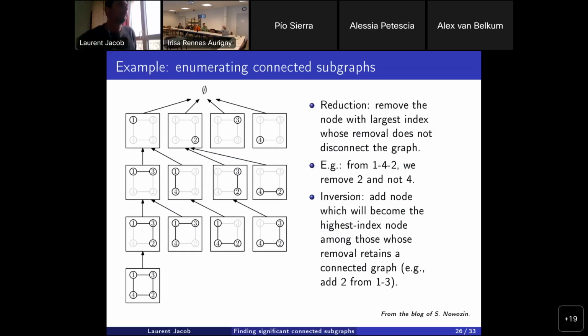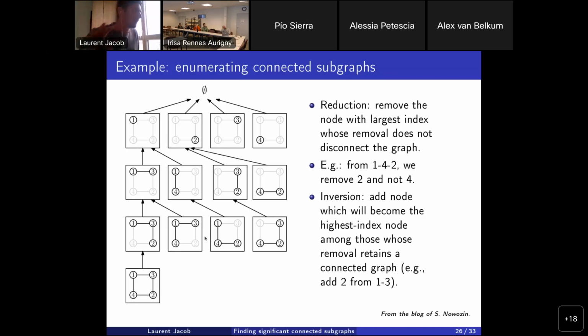And so you see that the reduction is to remove, so you use a numbering on the nodes, an arbitrary numbering. And the reduction is to remove the node with the largest index whose removal does not disconnect the graph. That is, here, for example, you have 1, 2, 3, 4. You remove 4 because 4 is the largest. But here you have 1, 4, 2. You don't remove 4 because otherwise you would disconnect it.